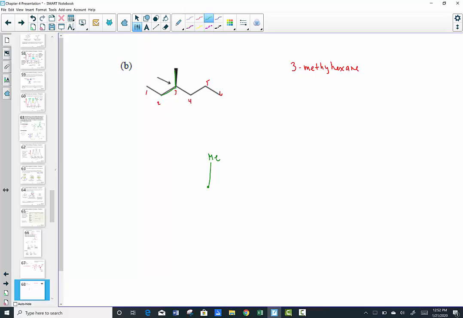So carbon 3 has a methyl and it has an ethyl. And not drawn, but we know is there, is a hydrogen. Carbon 4, I'll draw as an open circle, that's carbon 4, has an ethyl.